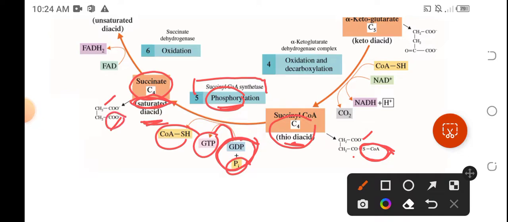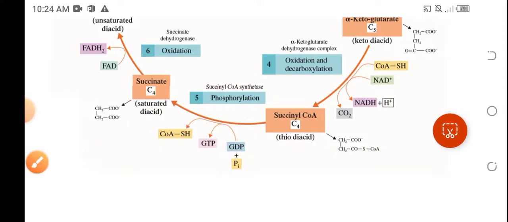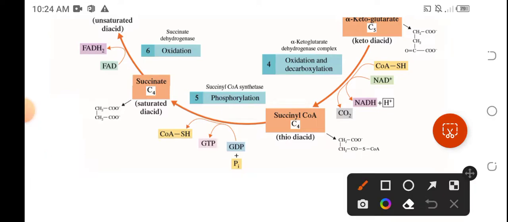Kasi dito, etong COO na yan are drawn as a carbon double bond O and an oxygen. Pero pag sinabi natin saturated, of course, the carbon to carbon are single. Okay? So, the fifth reaction of the Krebs cycle actually produces a GTP, which is a high energy molecule.